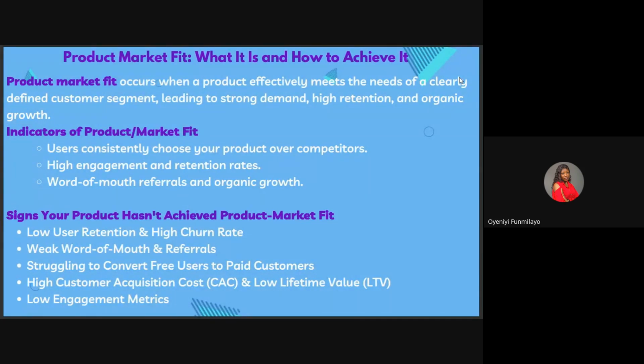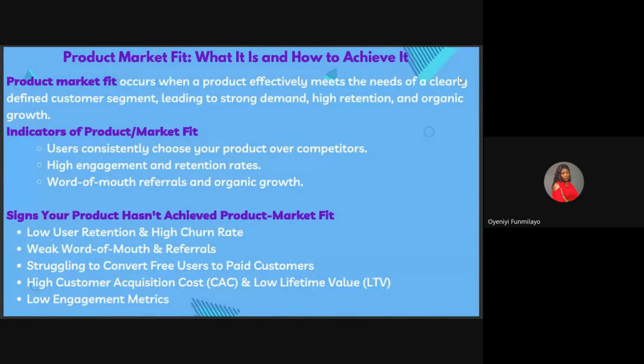If you are on maybe 500 or 1,000, of course, you know that your product has not achieved market fit because that was the timeline you set for yourself. So you continue to work on the product until you are able to achieve market fit.